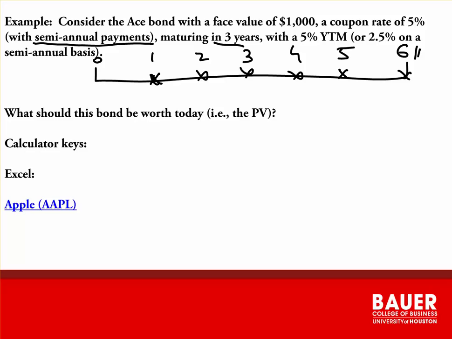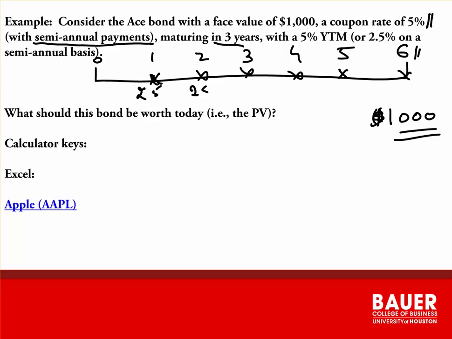What is the face value you receive at the end, or the future value? That's your $1,000, right? That's what you get at the end when it's paid back. That's what a face value means. The coupon rate is 5%, but because you're going to get half of that every 6 months, you're going to get 5% of the $1,000. So that's going to be $50 every year, or $25 every 6 months.